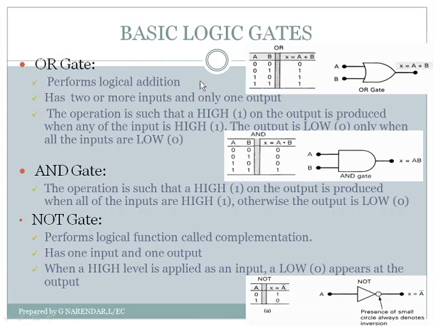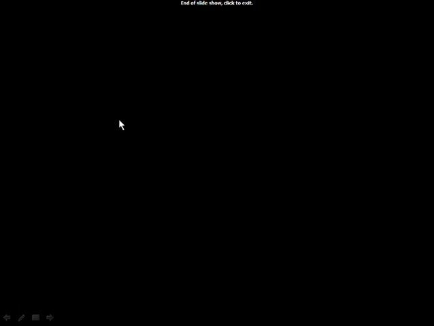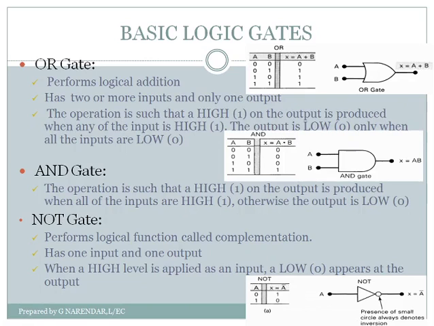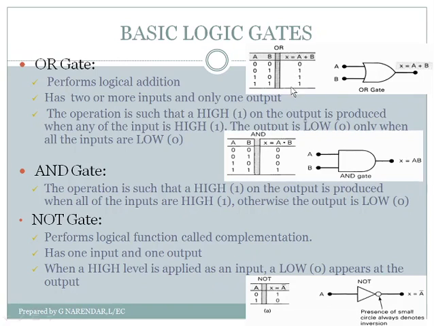So this way also we can define the behavior or the operation performed by logic gate OR. So here the operation is such that a high on the output is produced when any of its input is high, and the output is low only when all the inputs are low.